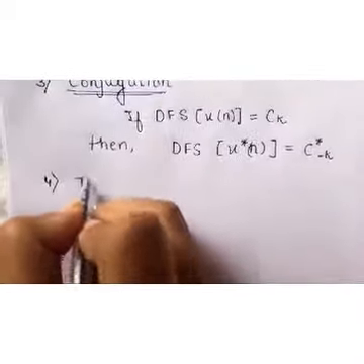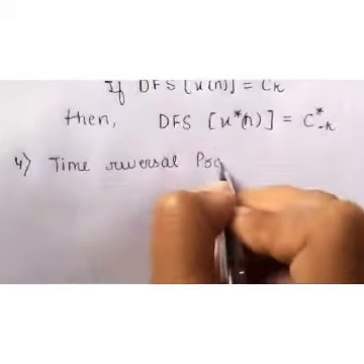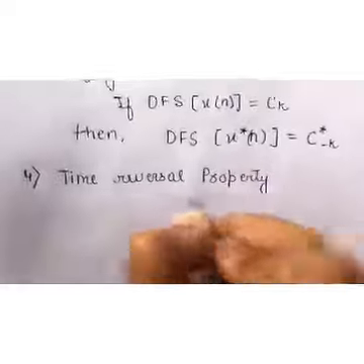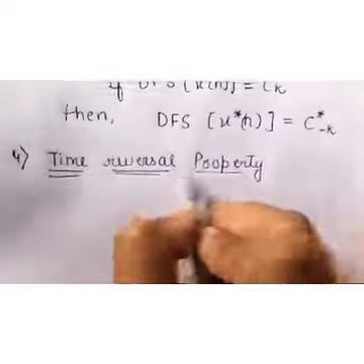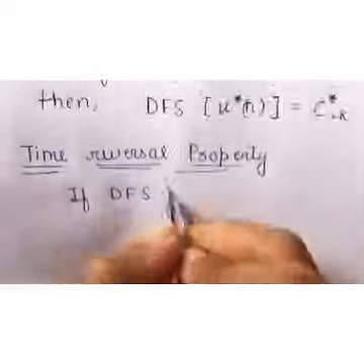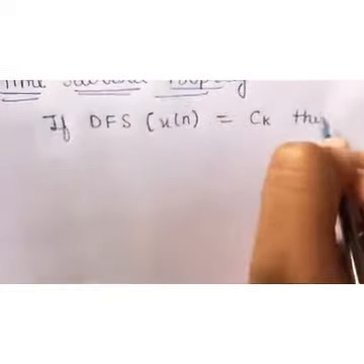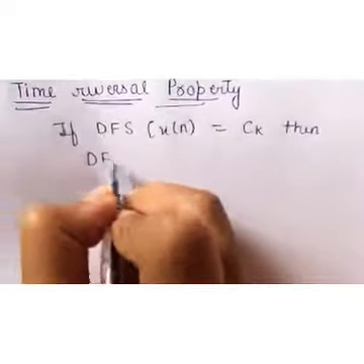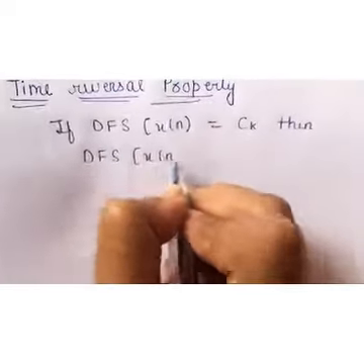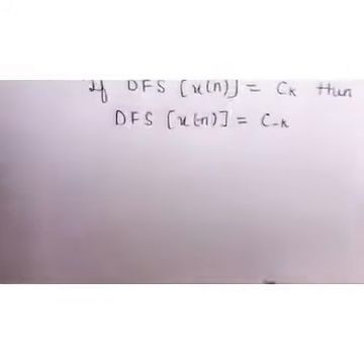Now the fourth property is the time reversal property. It states that if the discrete Fourier series of x of n is equal to c of k, then the discrete Fourier series of x of minus n is equal to c of minus k. Time reversal property.